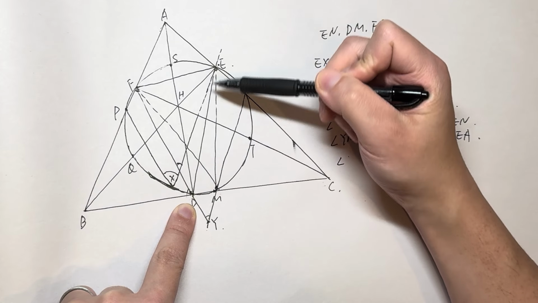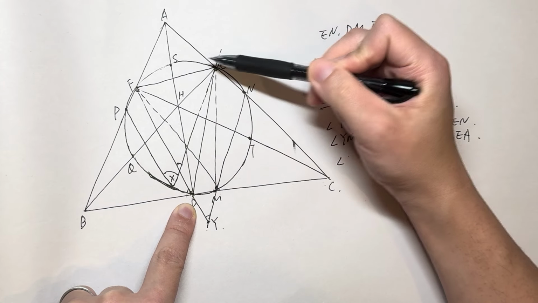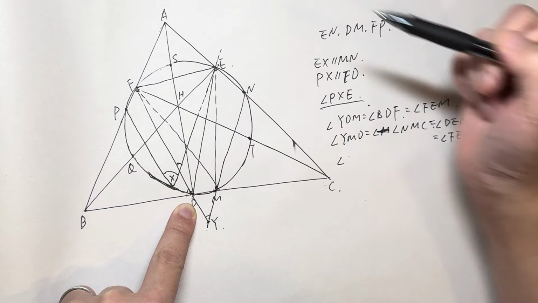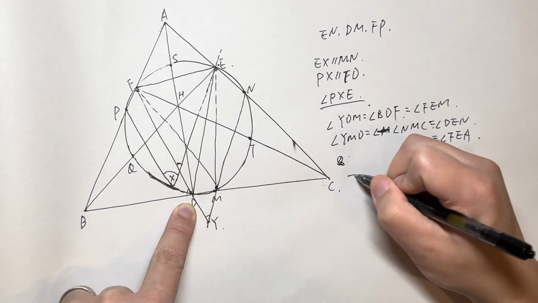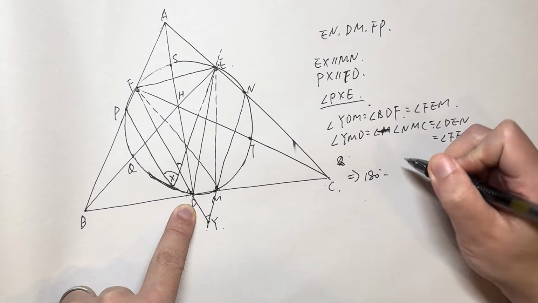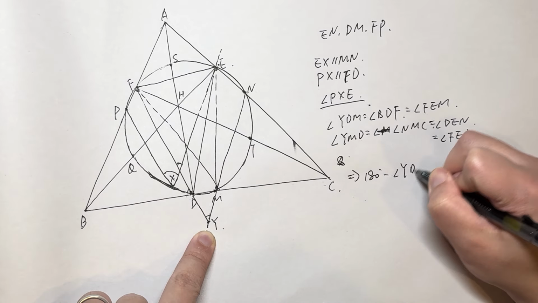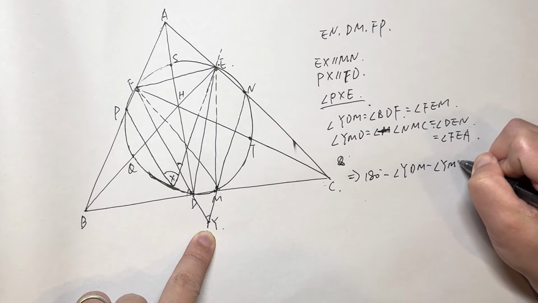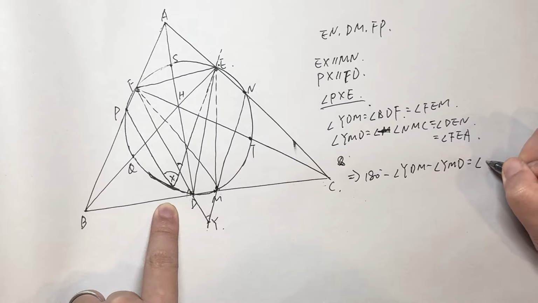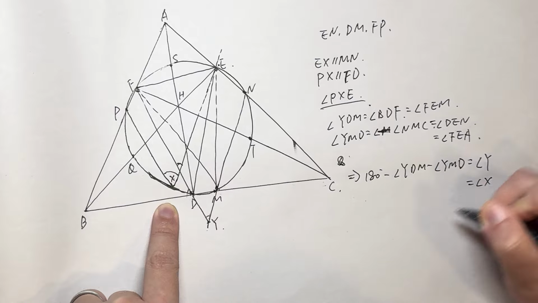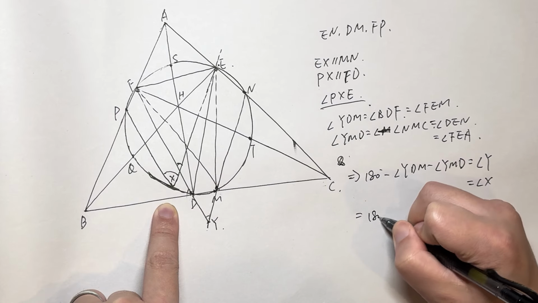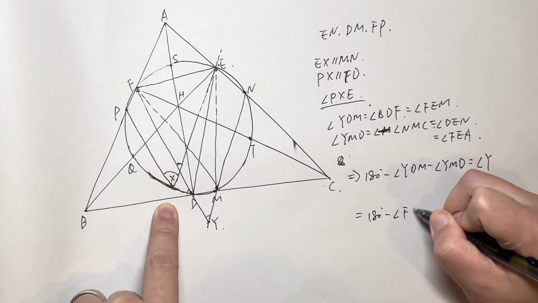So angle DEN equals angle FEA, which means 180 degrees minus angle YDM minus angle YMD, which equals angle Y, equals angle X, also equals 180 degrees minus angle FEM minus angle FEA.